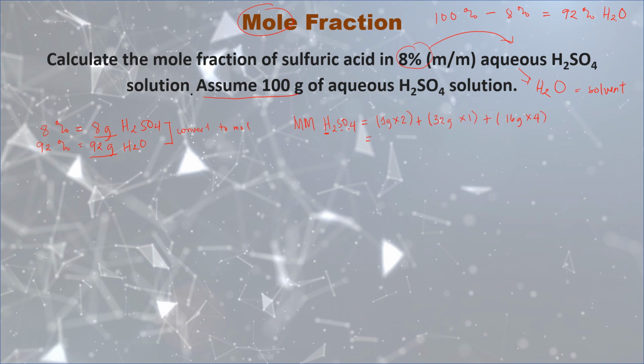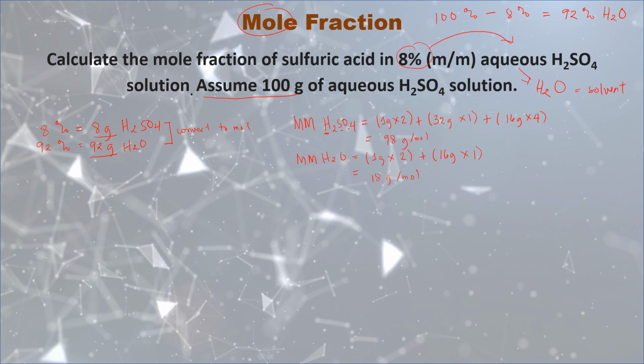In your calculator, the answer must be 98 grams per mole. Then the molecular mass of water: hydrogen's mass is 1 gram times 2 plus the mass of oxygen, 16 times 1, which is equal to 18 grams per mole.